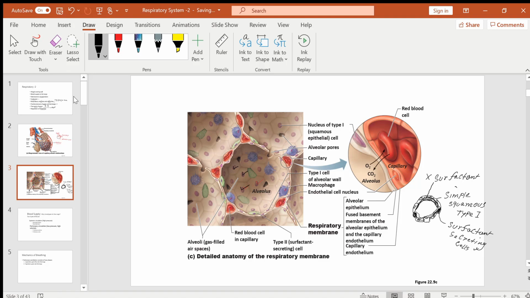If that happens, then the infant doesn't get the surfactant on the inner surface of the alveolar wall, so the lung collapses, and that is called infant respiratory distress syndrome.